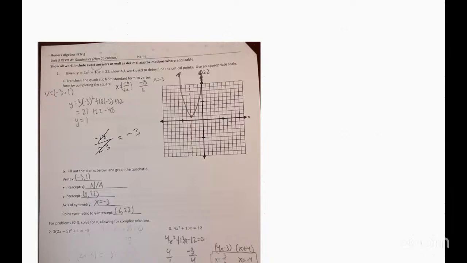And I'm going to graph it just to find out if I was right. Your graph, I think, is sitting up too high. It should be down here at negative 5.